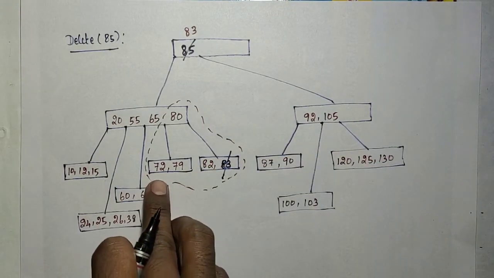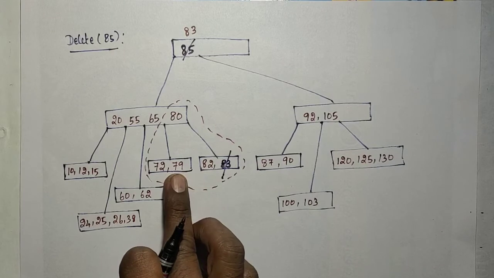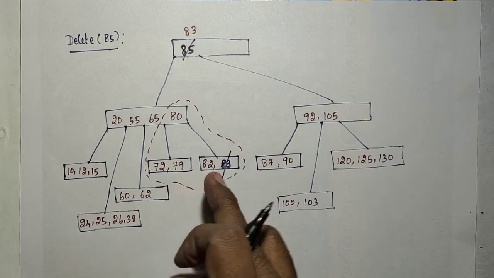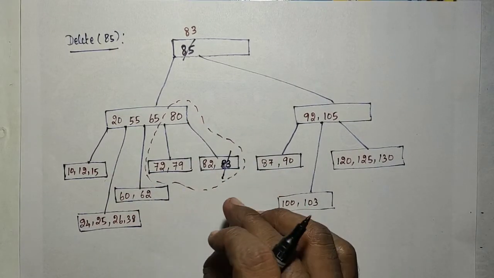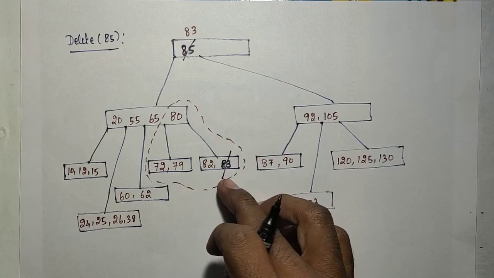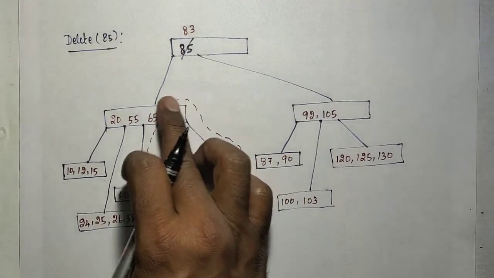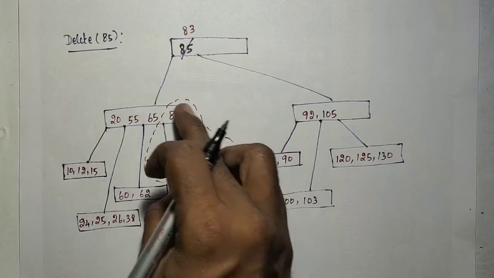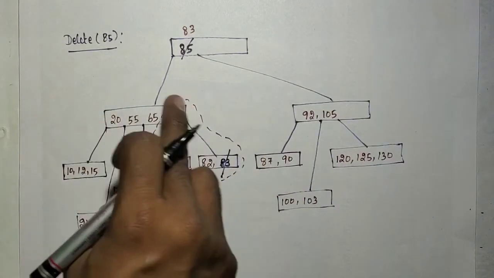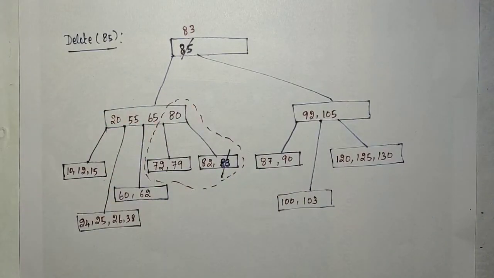So 72, 79 and 82. While merging we need to consider that we have deleted 83 from here. After merging, we again need to check whether the parent goes underflow or not.